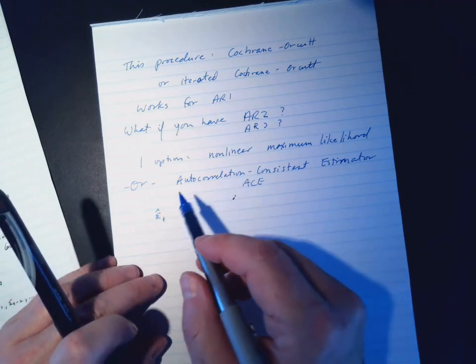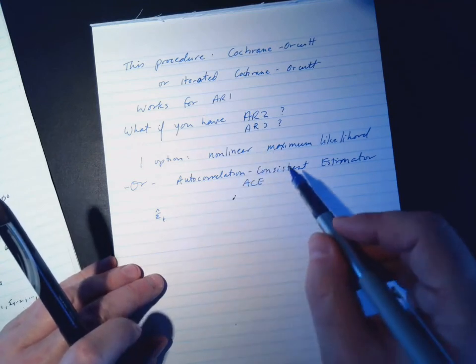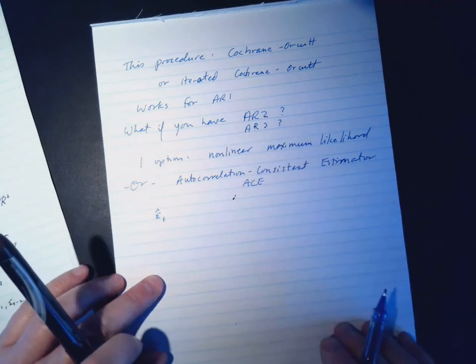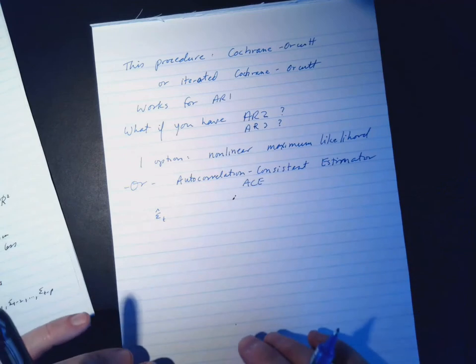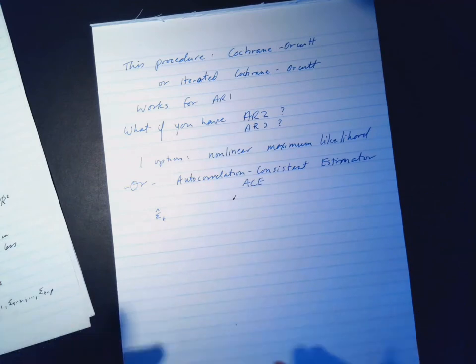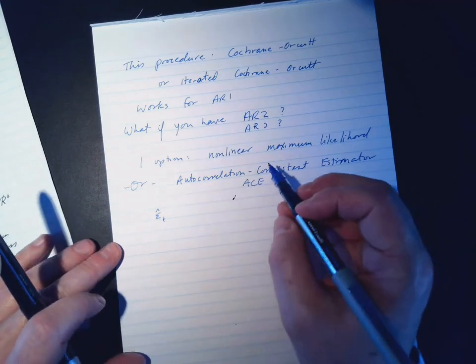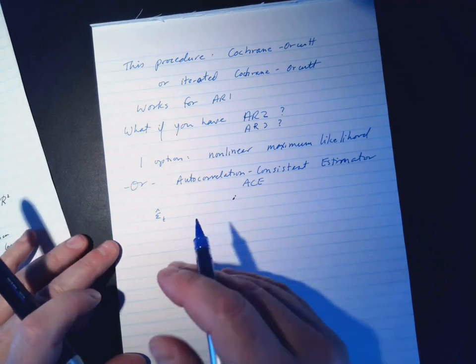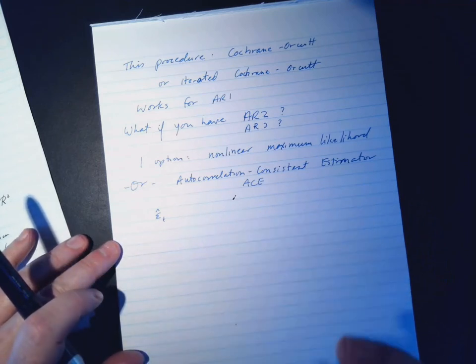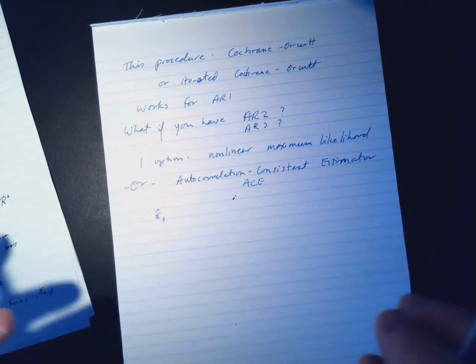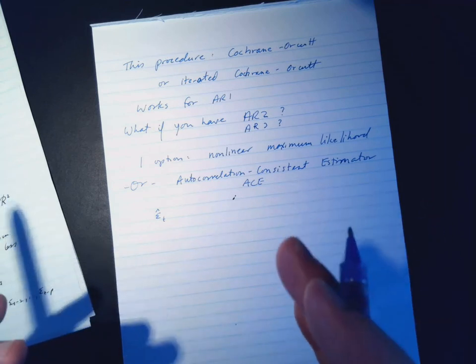And in fact, you don't need to specify how many lags you have. The formulas for the autocorrelation consistent estimator will give you variance estimates that are consistent regardless of how long the autocorrelation process is, as long as it's a stationary process.